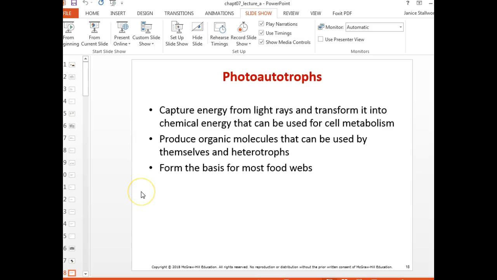Photoautotrophs capture energy from light rays and transform it into chemical energy that can be used for cell metabolism. They produce organic molecules that can be used by themselves and heterotrophs, and they form the basis for most food webs.